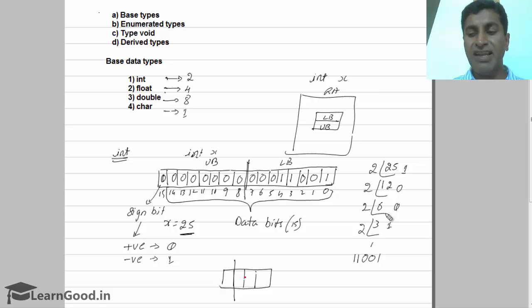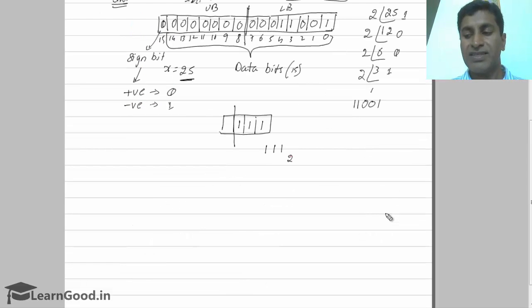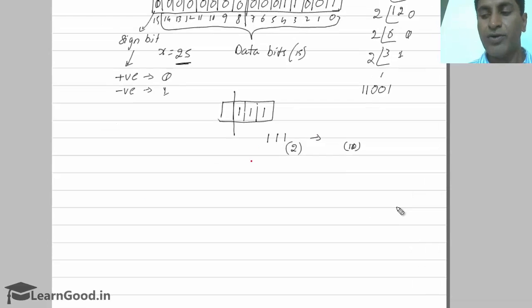Now in 3 locations, what is the maximum binary value I can store? The maximum is 111. Now if it is 111, which is base 2, what is its equivalent base 10 value, the decimal value? How do you find that out?